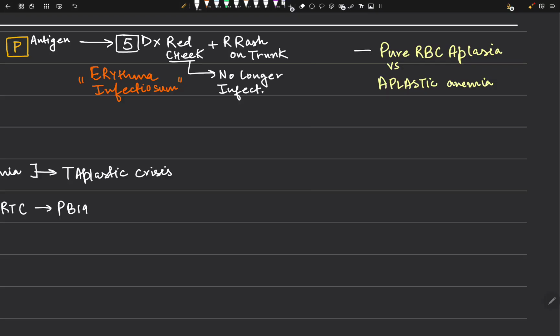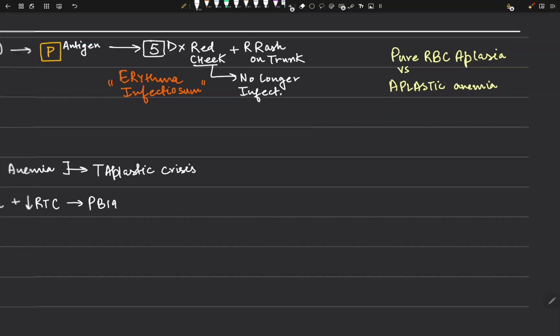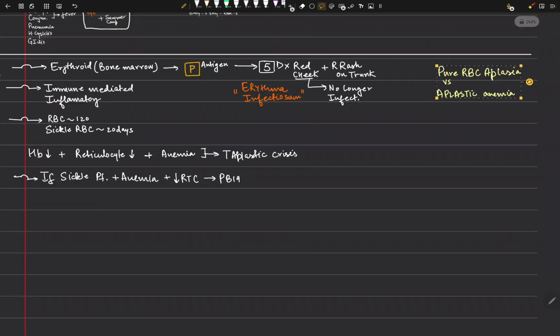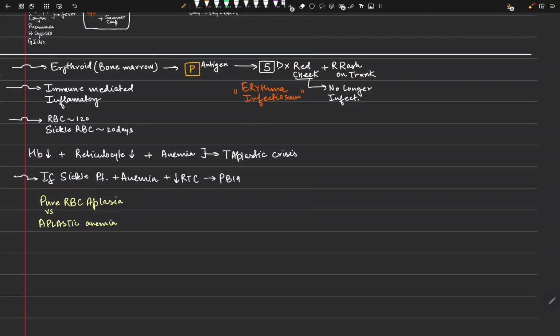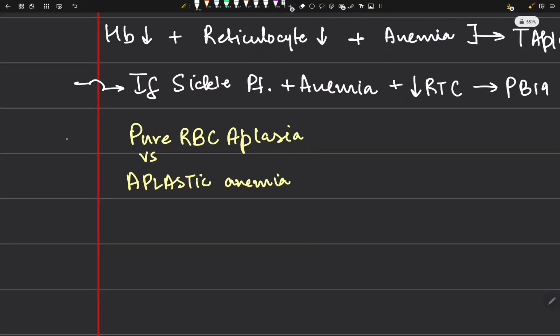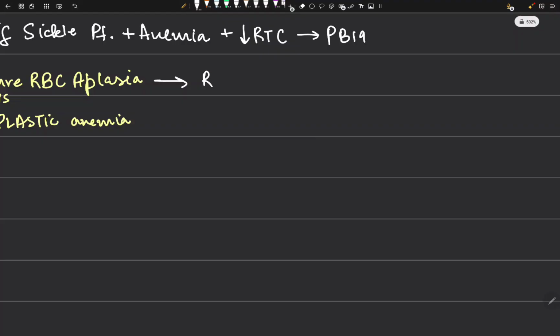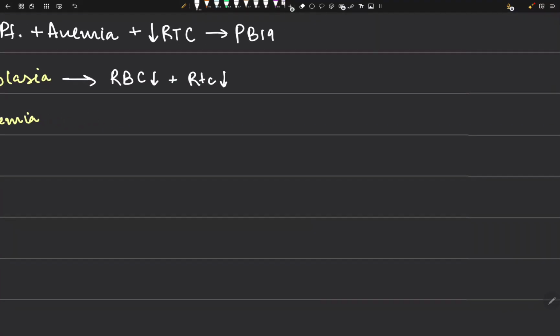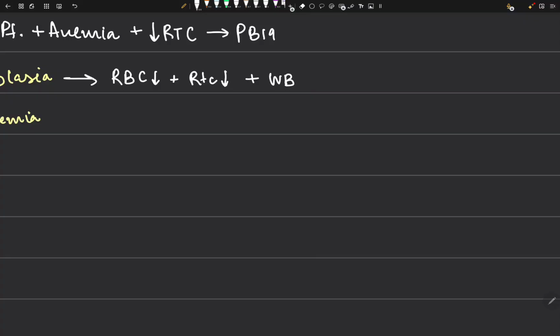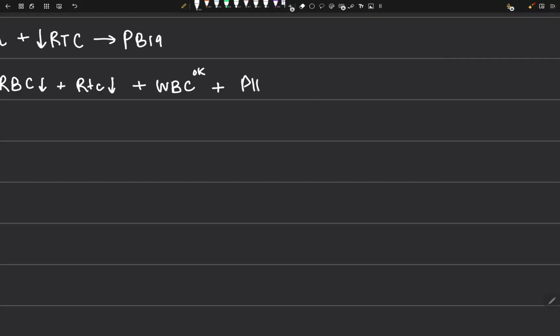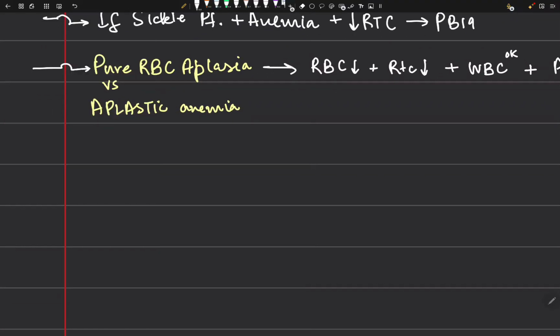So what we're gonna get is RBCs are gonna crash, the reticulocytes are gonna crash, the WBCs are gonna be okay, the platelets are gonna be okay, because we have pure RBC aplasia, okay?